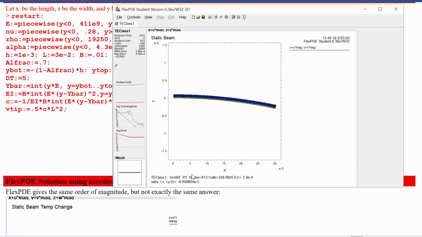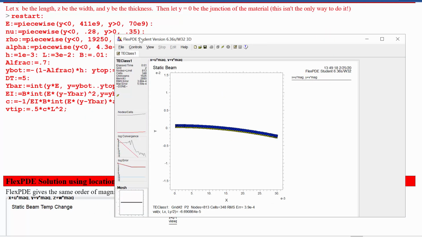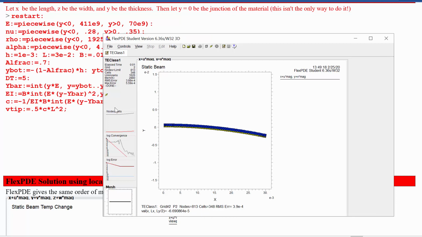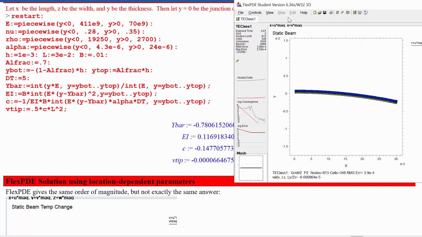So this difference is likely not to do with numeric inaccuracy, but perhaps something different going on because we're fixing it from being able to expand vertically. We're compressing it here vertically, and so we've got it moving a little bit more, and that means it bends down slightly more than it would have analytically from that calculation.